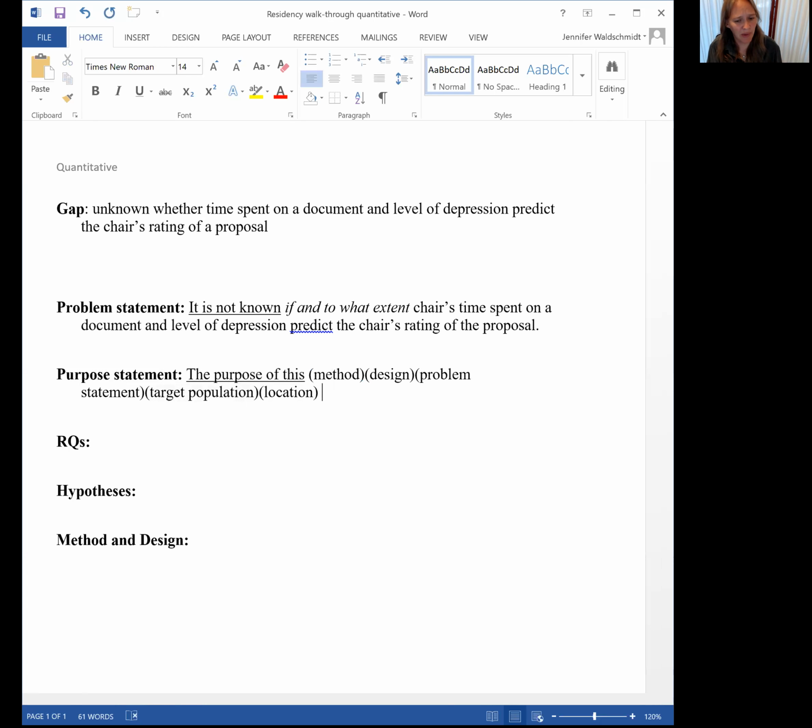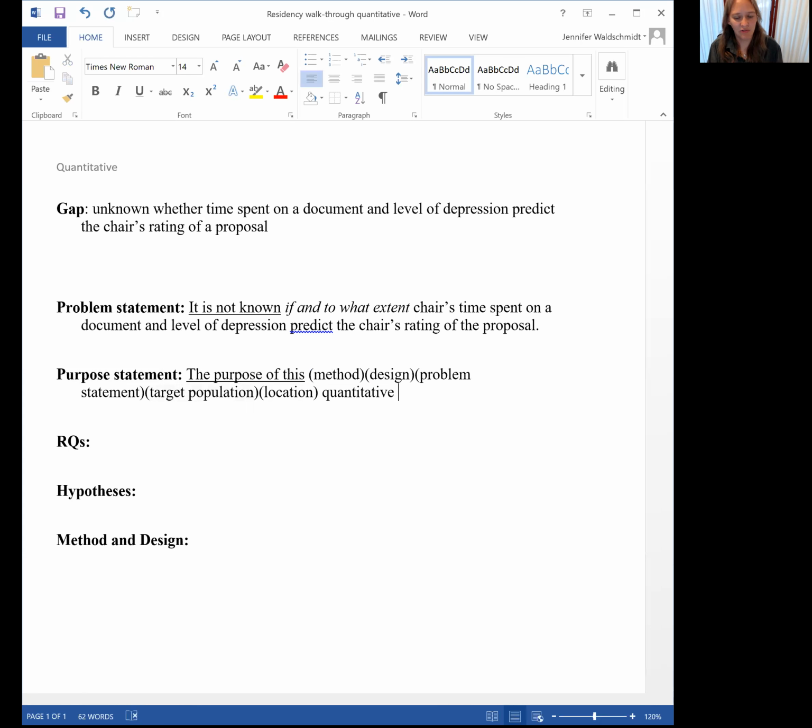Now a little bit about the method. Method here at GCU, and actually research at large, is quantitative or qualitative. Quantitative deals with numbers, it's numerical. Qualitative deals with words, non-numerical stuff. And so in this instance, we're going to be dealing with numbers. So I know that my method is going to be quantitative.